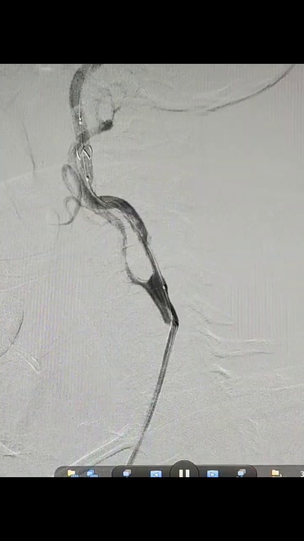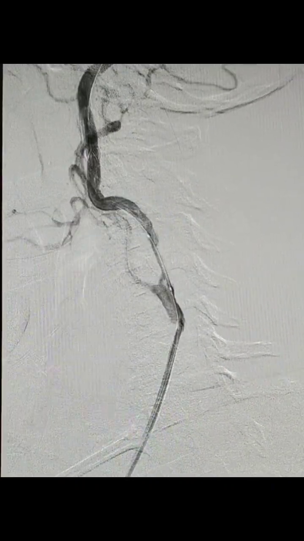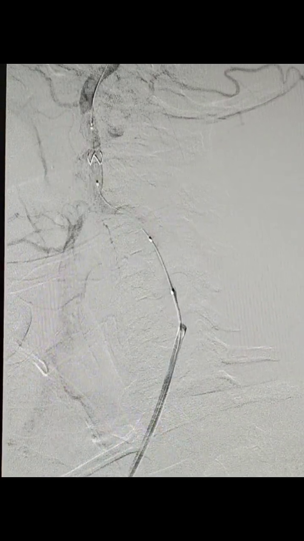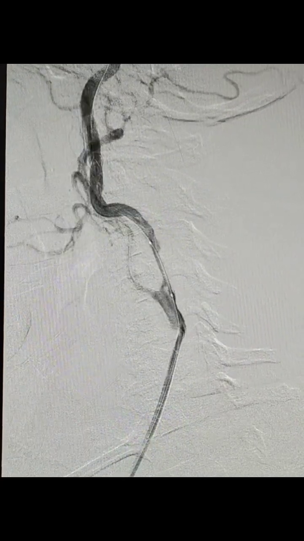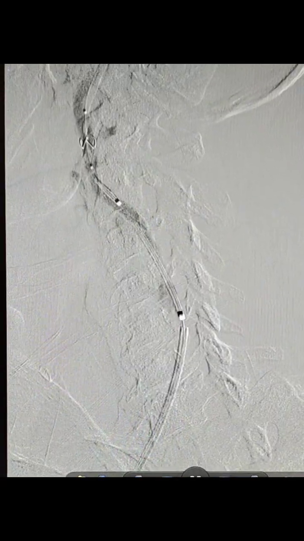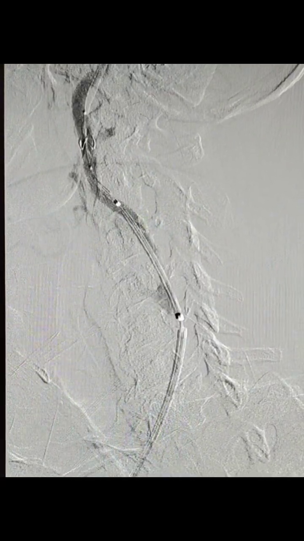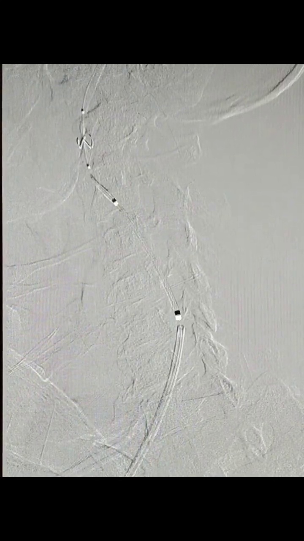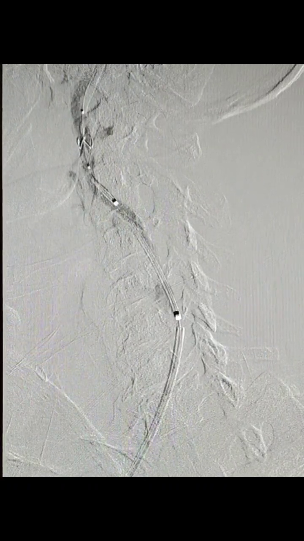So this is the picture after the predilation. Now we are going to put the stent here. Proximal side of the stent diameter is around 8 mm and distal is around 6 mm with a length of 40. In this DSA you can see the 2 points, and then this is the stent of 8 by 6 proximal distal and 40 mm length.